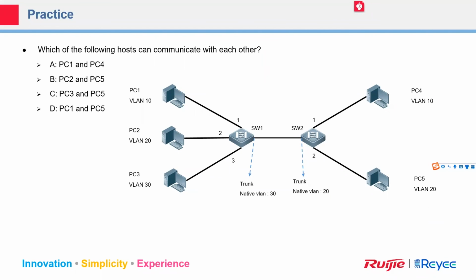For example, with some vendors' switches, if the native VLAN is different, the two interfaces cannot work. But with some vendors' switches, there is only a warning for you. The other side's native VLAN is different from mine, but we can still communicate with each other. But this topology is only used for you to better understand the native VLAN function and the access and trunk interfaces. So there will be a task, yes.